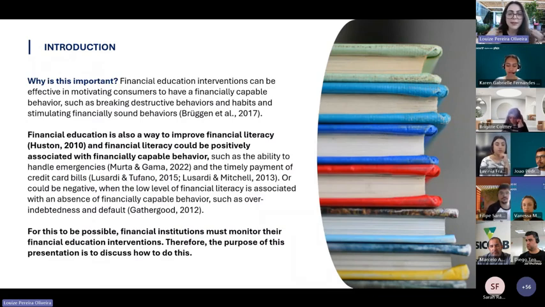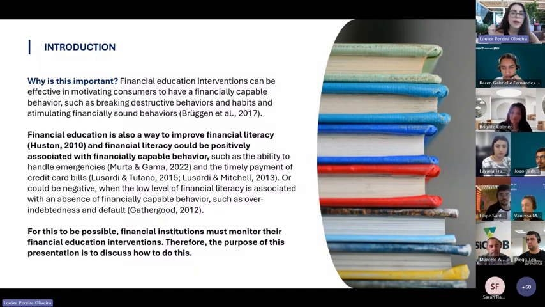And that's my purpose. So the first thing is why this is important. It's not just my idea. It's not just what I think about this. We have big researchers, big names that think about this, that research about this, and they publish about this. And we have papers that make it clear financial education is a way to improve financial literacy, and financial literacy could be positively associated with financially capable behavior. And we know financially capable behavior is an important thing to financial institutions.